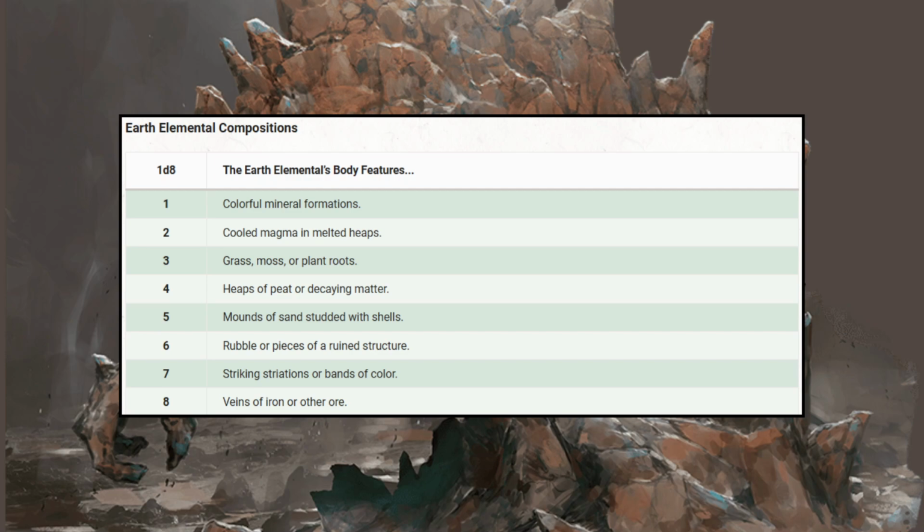So you could have, for example, a coastal themed Earth Elemental that has pieces of seashells and maybe coral and stuff wrapped around and inside of its form. So there are tons of possibilities on how to customize an Earth Elemental to look really unique and flavorful for the type of campaign that you're running. With all that being said, though, let's go ahead and take a look at the 2024 Earth Elemental stat block.